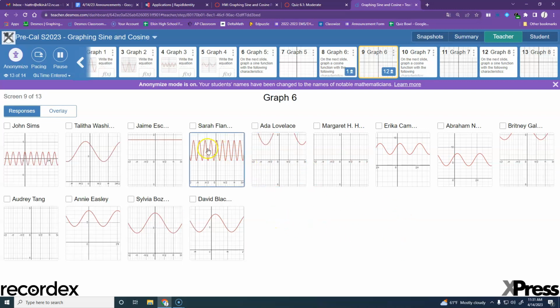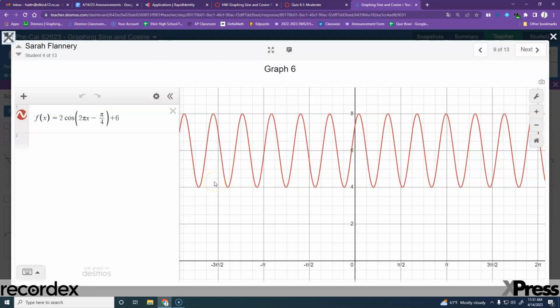Alright, I'm moving quick. I'm going to show this one. It's not right, but I'm going to show it. Amplitude 2. Okay. This one's close.